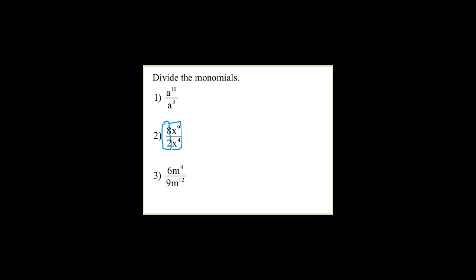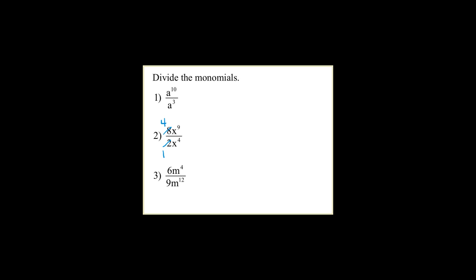So what number can I divide out of both 8 and 2? What common factor? Oops, sorry about that. What common factor can I divide out of 8 and 2? That would be 2. So when I divide 2 by 2, I'm left with 1. When I divide 8 by 2, I'm left with 4.